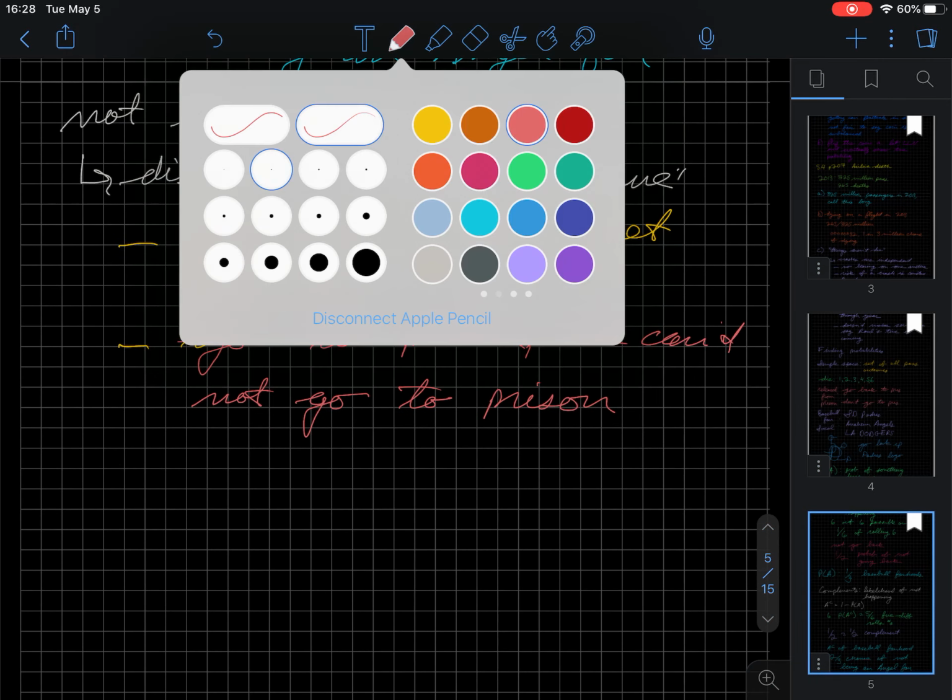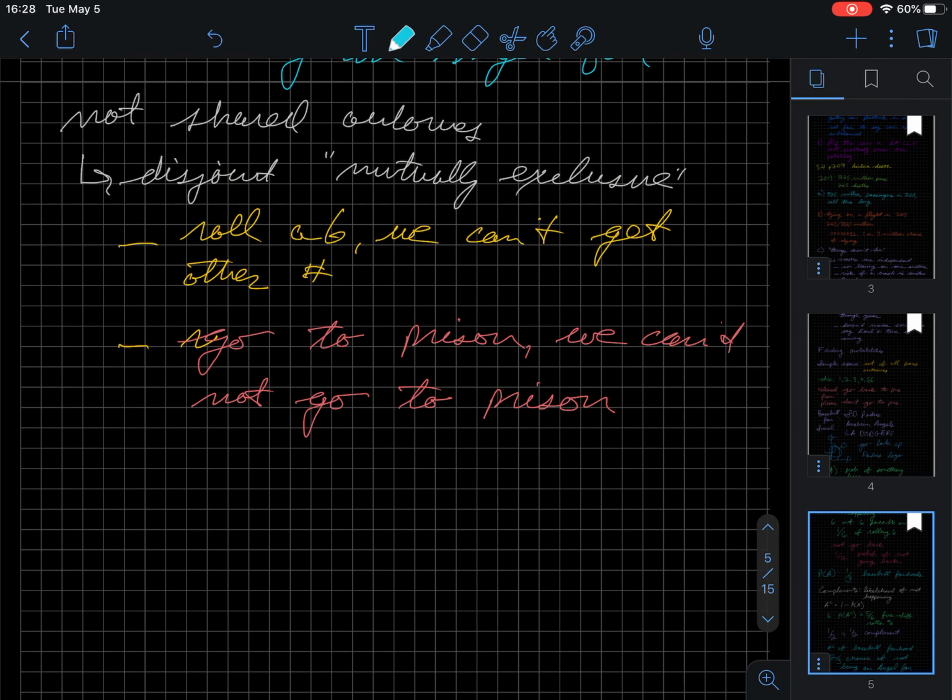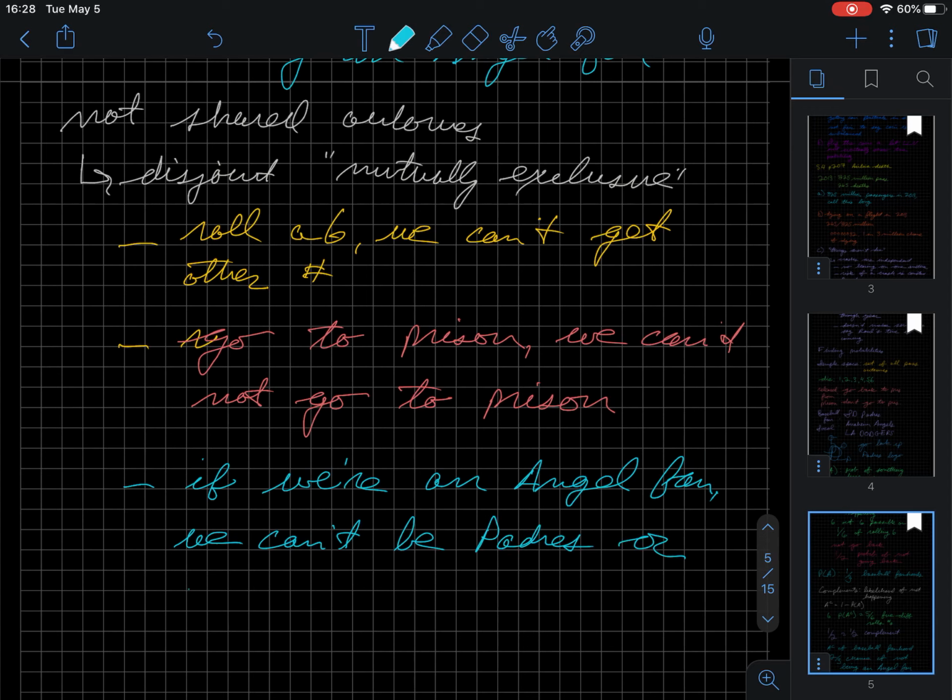And for our baseball one, if we're an Angels fan, we can't be Padres or Dodgers fans. So that's a simple way of looking at that.